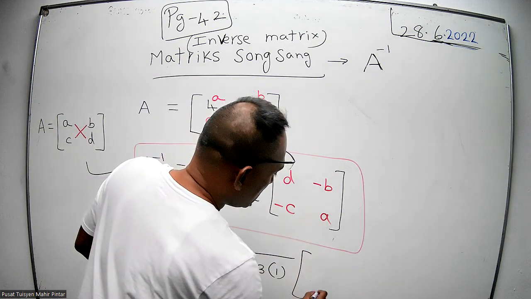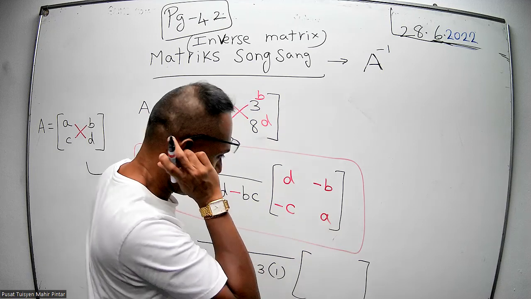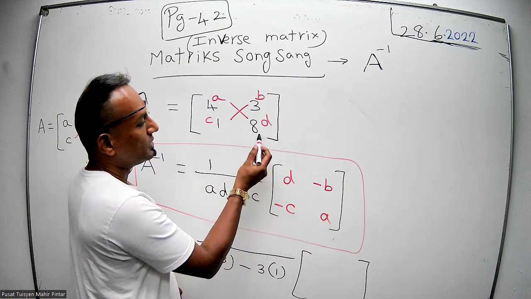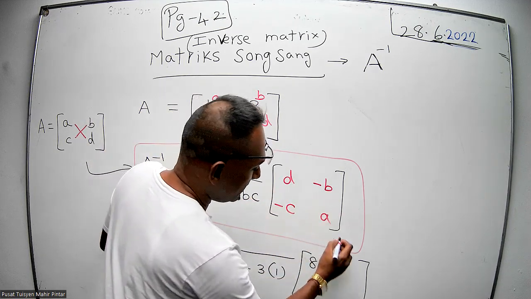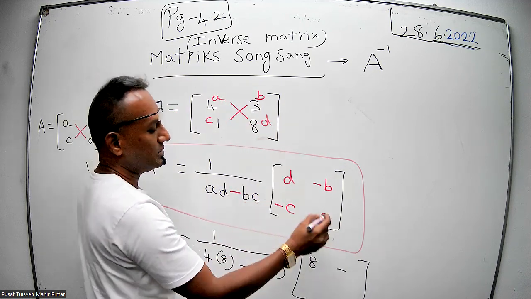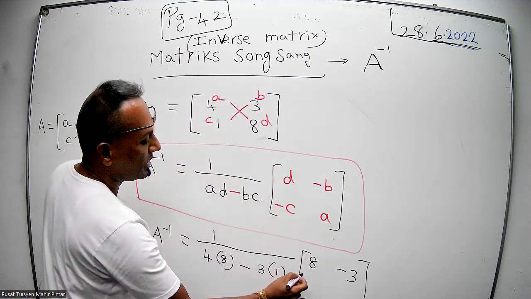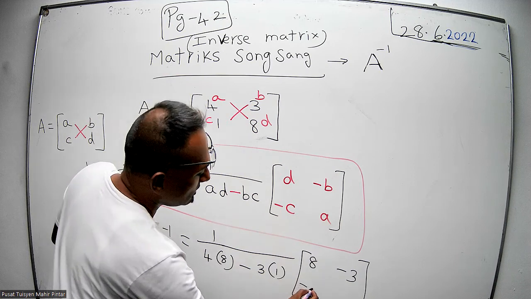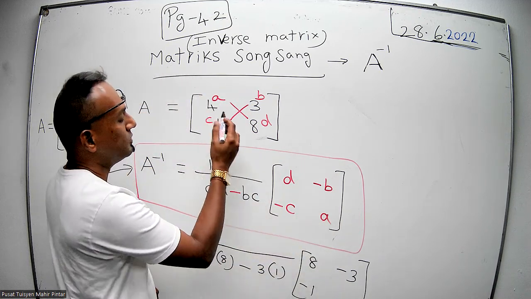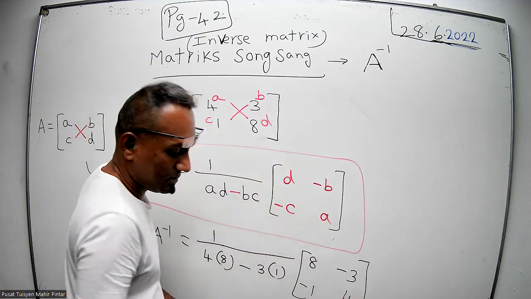Then we go into the matrix. What is the D value? 8. And negative, what is the B value? 3. And negative C value is 1 and A value is 4. Correct?